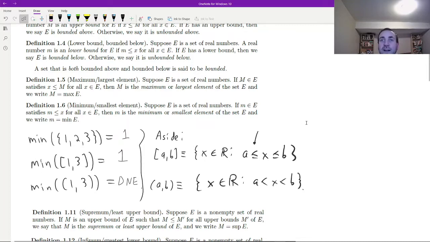All right, I'll continue in a second, but I need one little notational aside. I often talk about open and closed intervals, and since we're still talking about axiomatic systems, it's useful to say, what do I really mean when I say that interval in the language of the real numbers? This closed interval [a, b], that's all elements x in R which are greater than or equal to a and less than or equal to b, and the open interval, that's all elements x in R which are strictly bigger than a and strictly less than b.